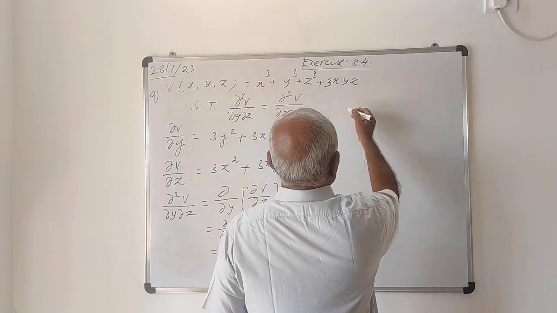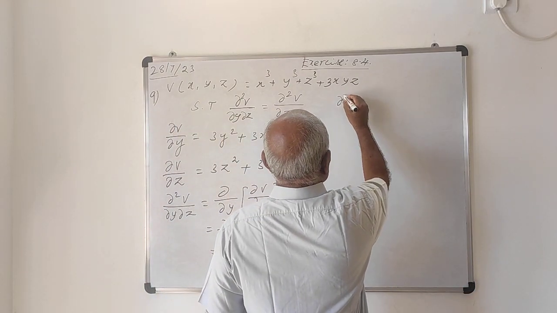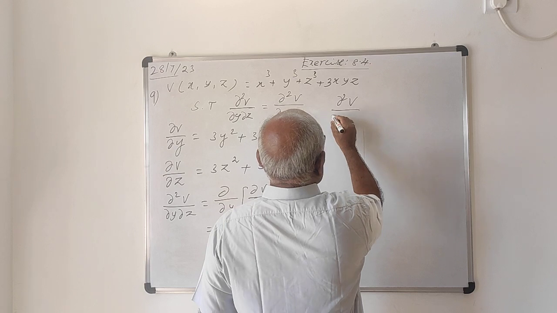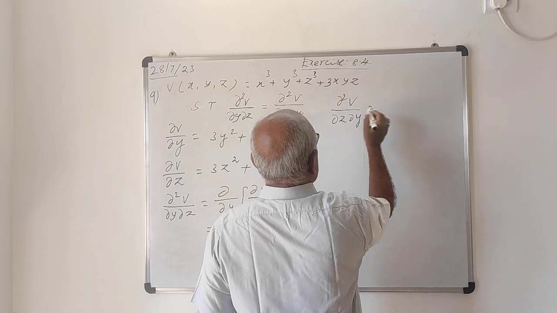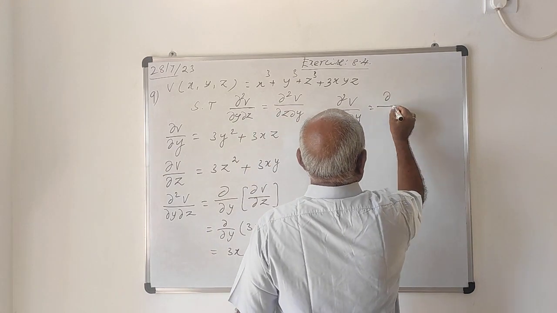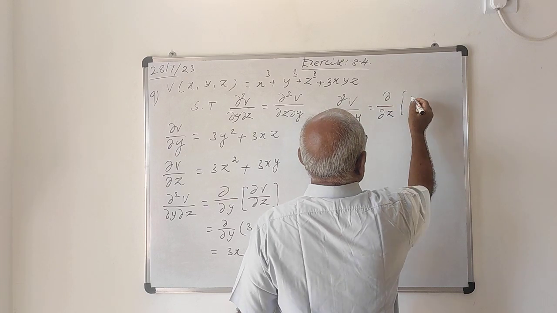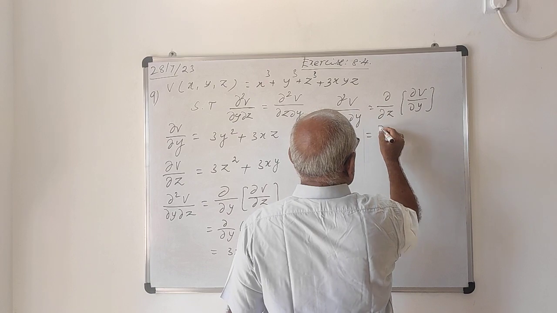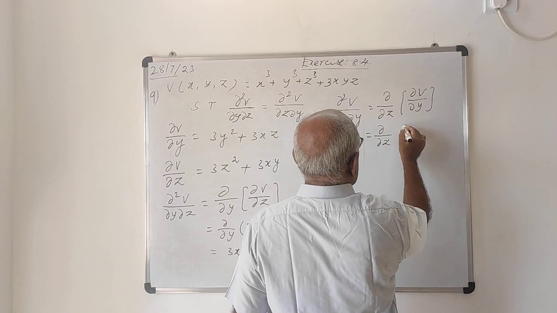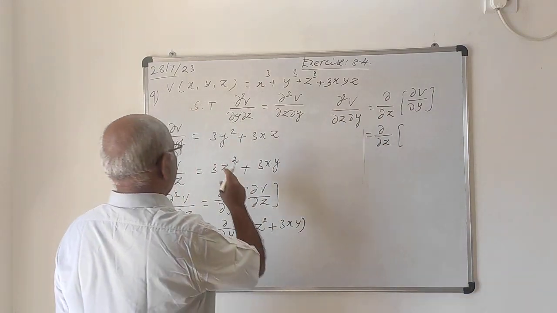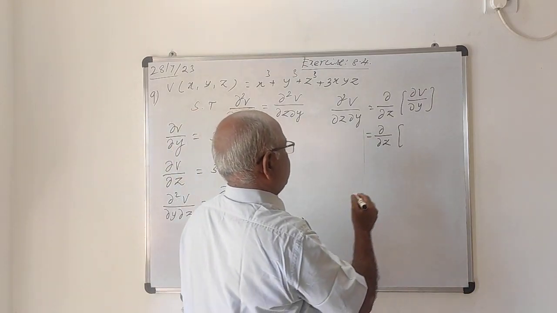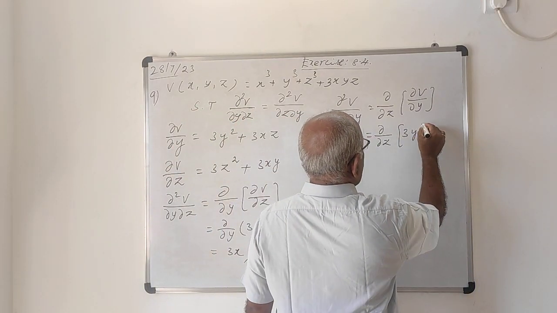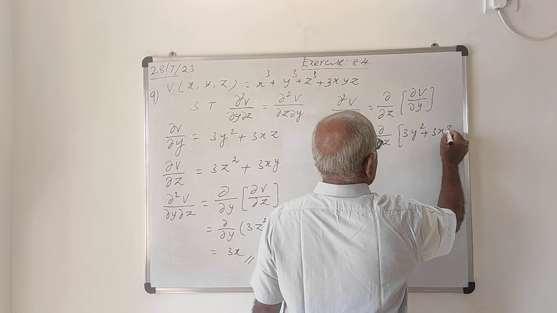Similarly, right hand side, dou square v by dou z dou y. This is nothing but dou by dou z of dou v by dou y. That is dou by dou z of 3y square plus 3xz.